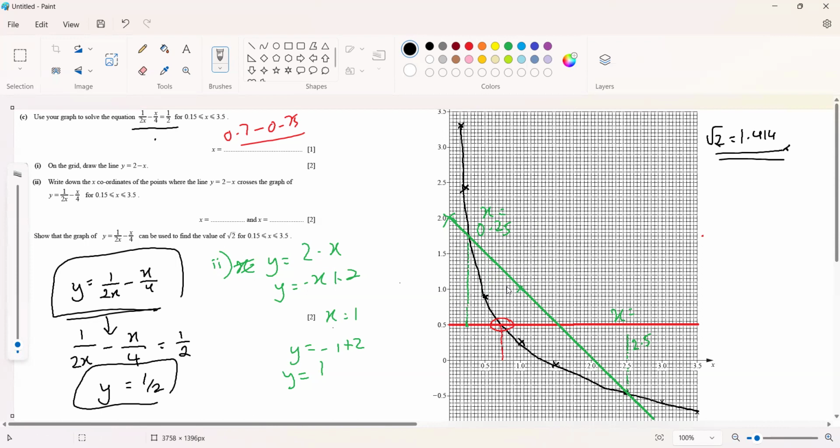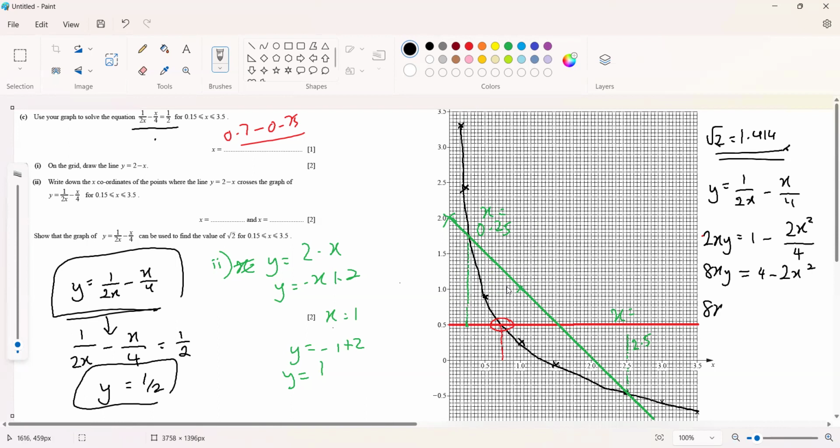So how do we generate the equation out from here? If we look at our equation, we have y equals 1 over 2x minus x over 4. With a little bit of expansion, 2xy equals 1 minus 2x squared over 4. Multiplying both sides by 4 gives 8xy equals 4 minus 2x squared.